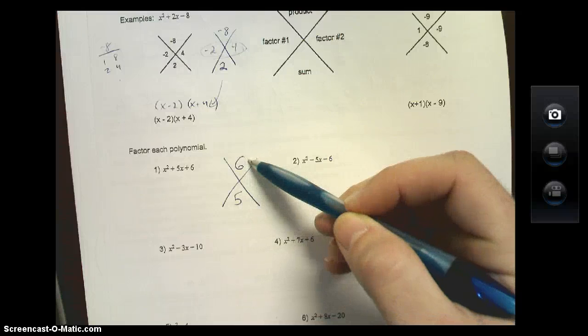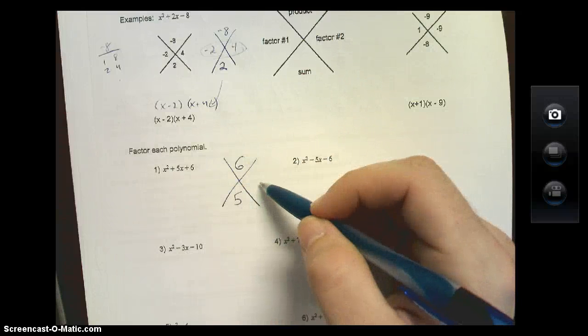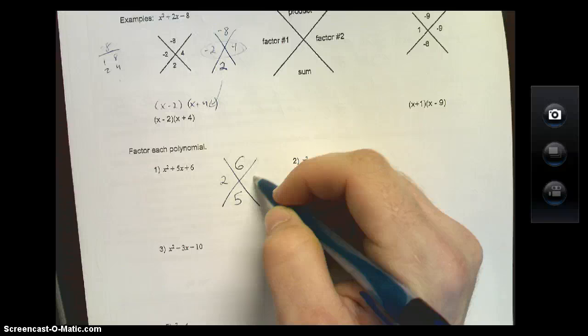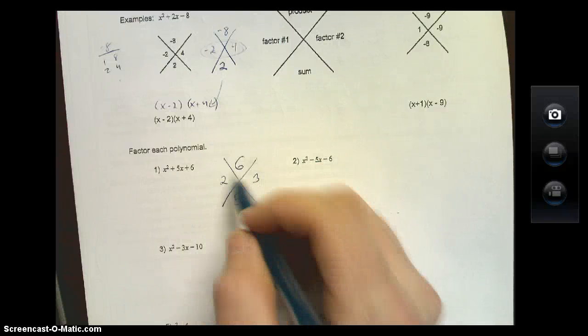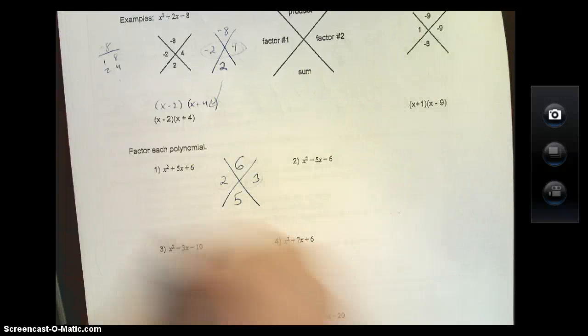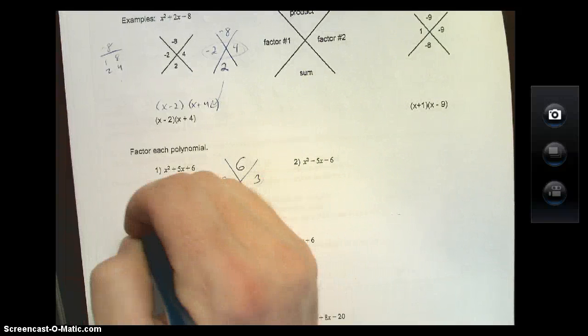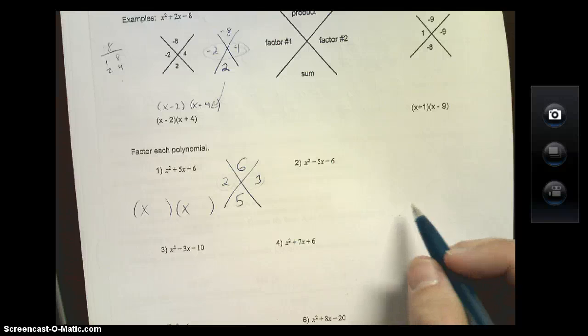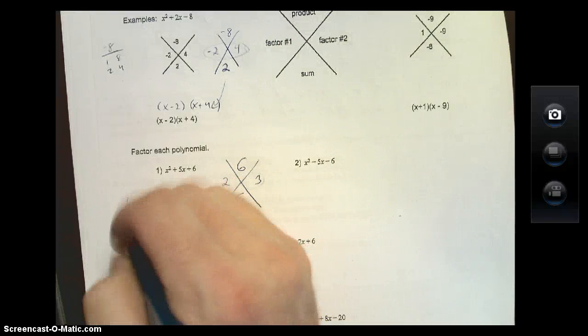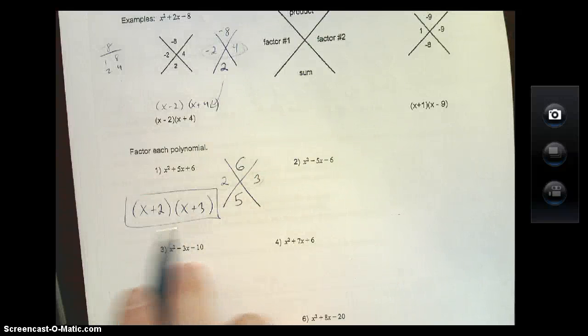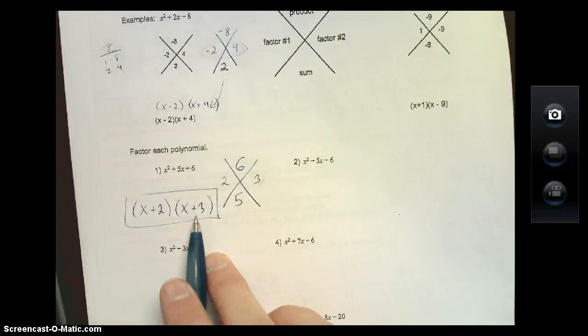Well, think about it. 1 and 6, 2 and 3. So I'm looking at 2 and 3. Because it's a +5, I want them both to stay positive. Make your 2 parentheses, x and x, and the order does not matter. I'll put +2, +3. There we go. You could put x plus 3 times the quantity x plus 2. Either way will be fine.